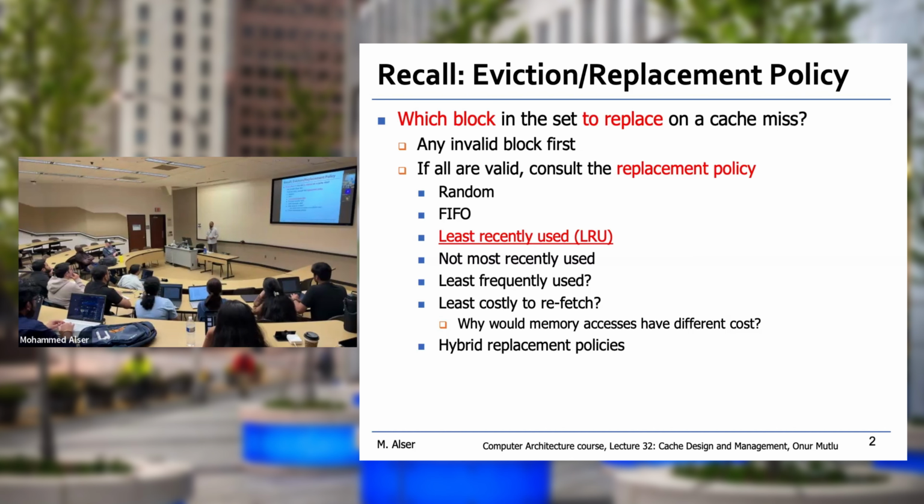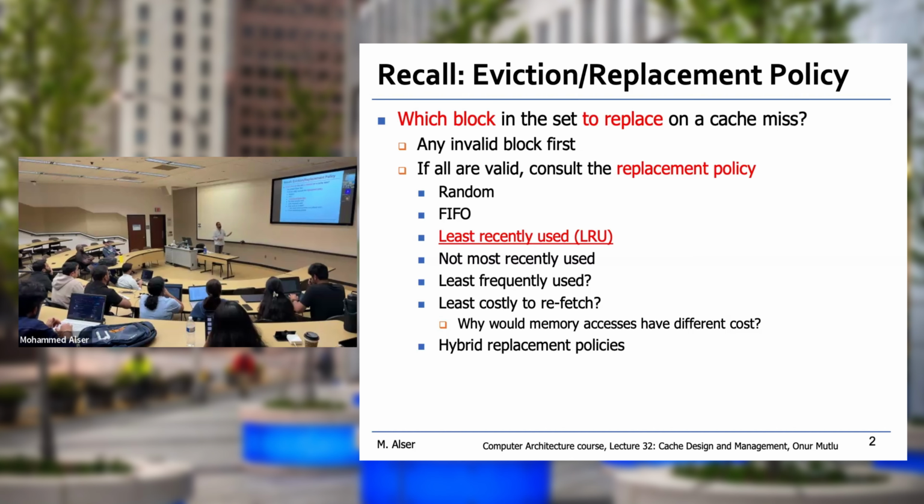Least recently used. It means we already used it in the past, so it already exists in the cache. That's why we are replacing it. And we didn't use it recently within a time frame. We have also not most recently used, and we said this is not the same as LRU. It is somewhere in between, but could also include the least recently used, because it's not most recently used.